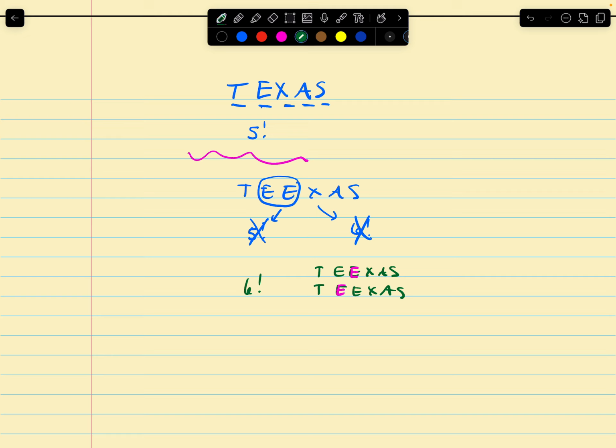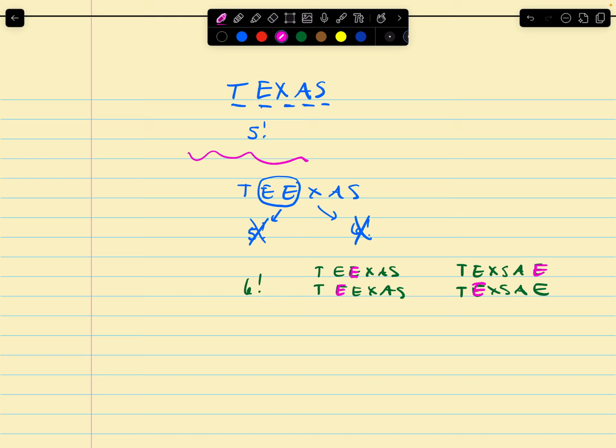And in fact, we can probably easily see, let's say that this was our word. If that's what we want to count once, 6 factorial would also count this word twice.